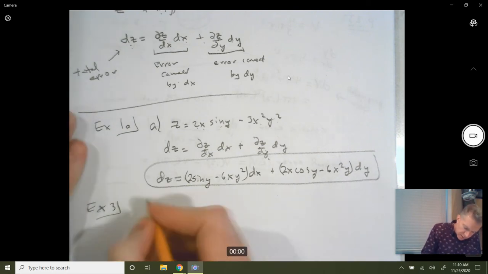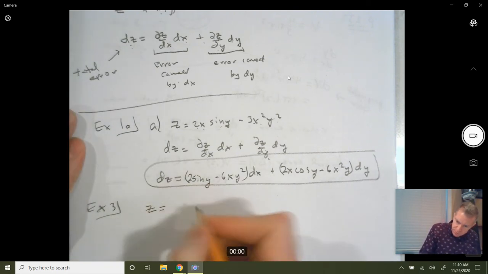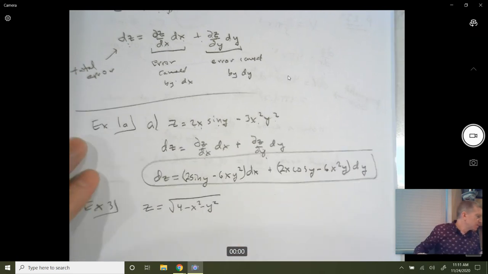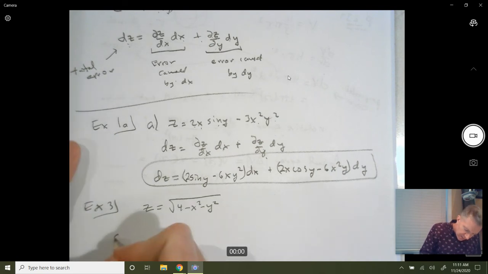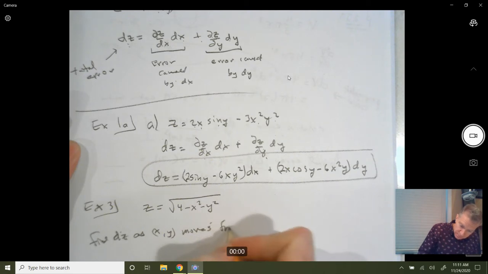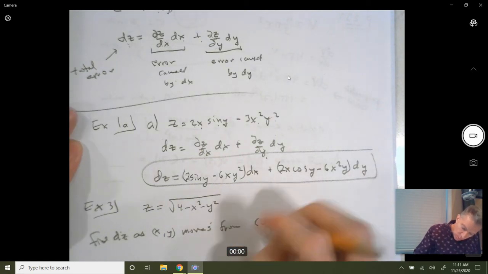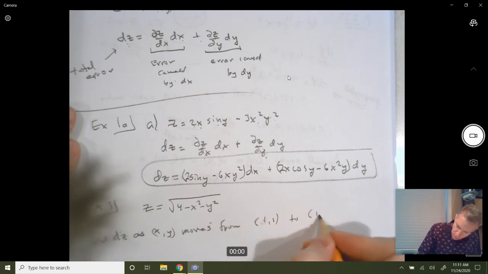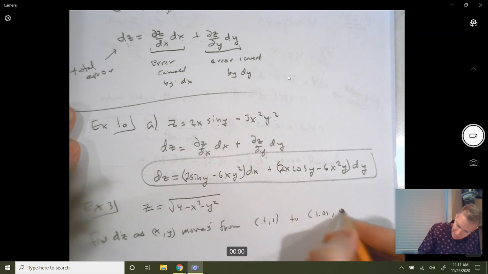They give us a function, z equals the square root of 4 minus x squared minus y squared, and we're finding the differential dz as xy moves from 1 comma 1 to 1.01 comma 0.97.